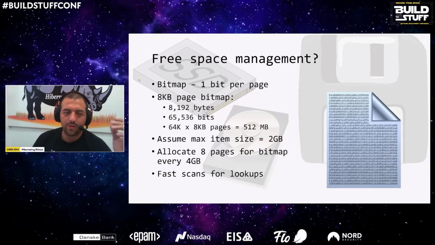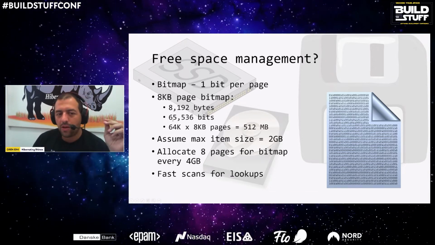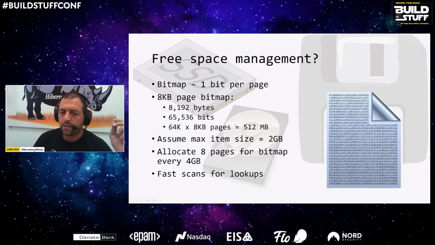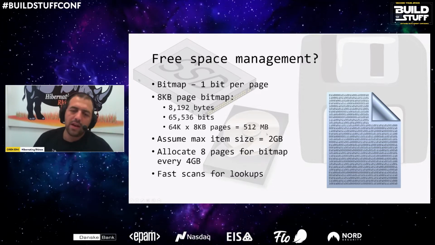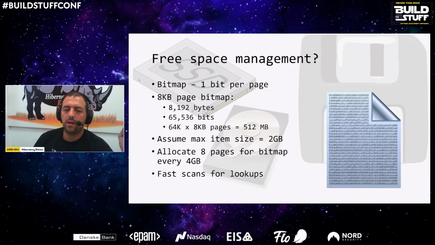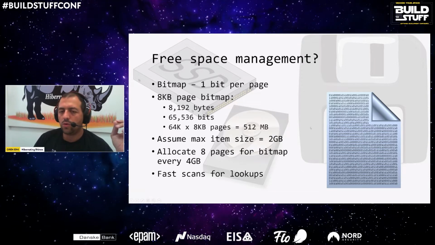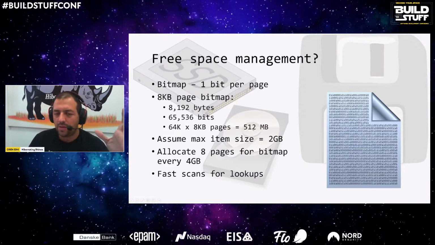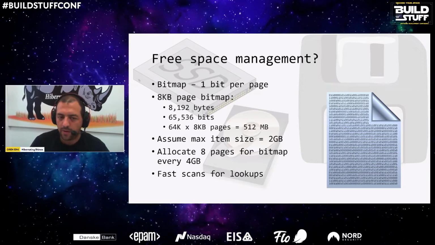So in an 8 kilobyte page, we have 65,000 bits, which map to about 512 megabytes. So every bitmap page that we have can manage space for 512 megabytes.